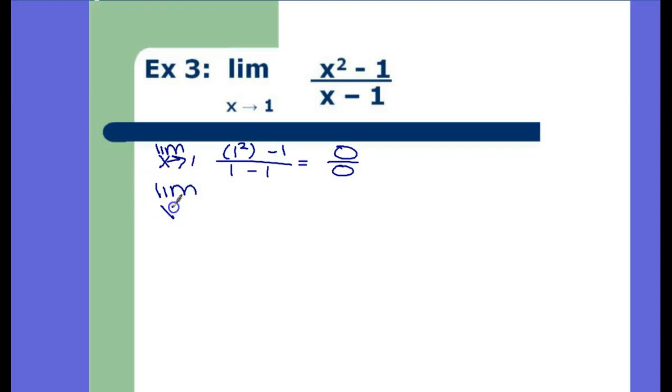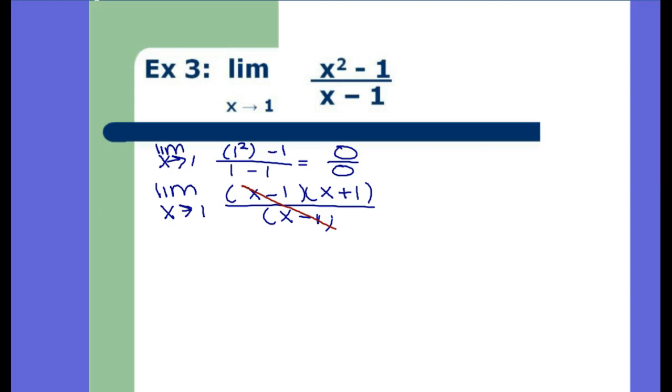So then I would say, the limit as x approaches 1, I'd look at that top quadratic and ask, what can I do? Well, it's a difference of squares. A difference of squares factors into a minus b, a plus b. So you get x minus 1, x plus 1. What happens now is that the x minus 1's cancel.